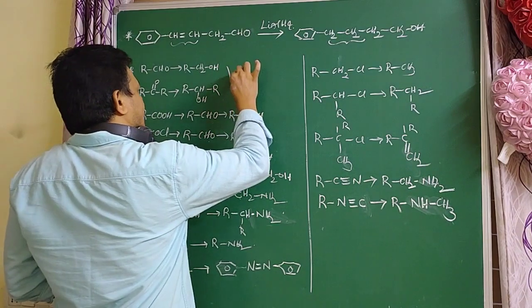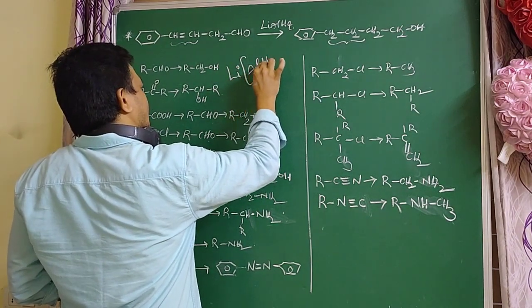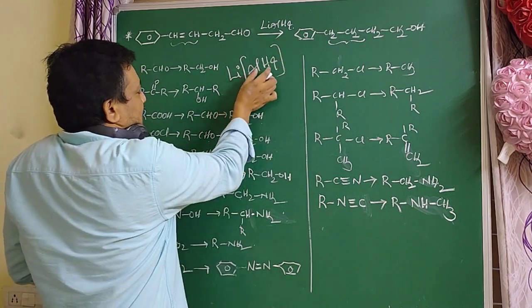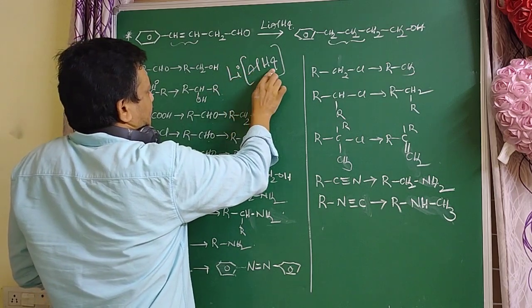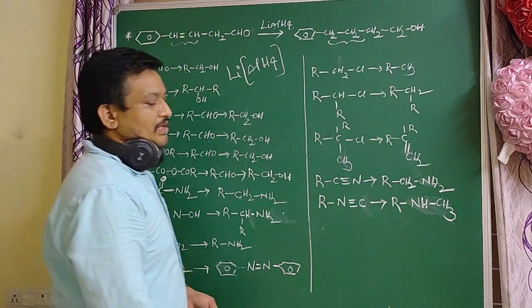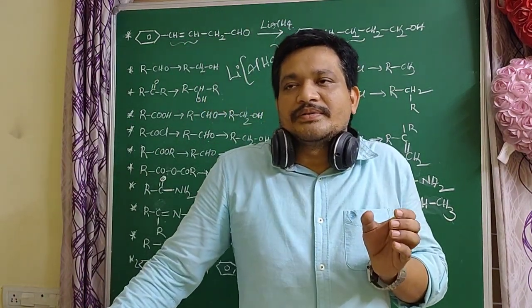Lithium aluminum hydride is a complex hydride, lithium tetrahydroaluminate(III). What is the IUPAC name of lithium aluminum hydride, students?